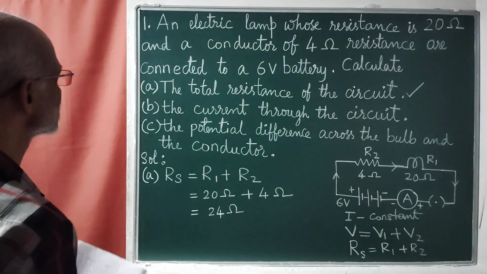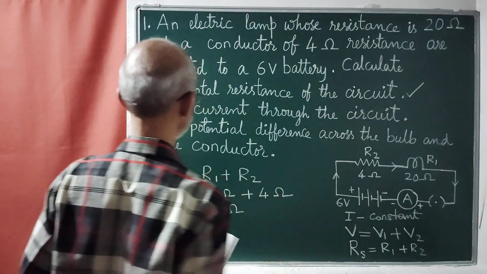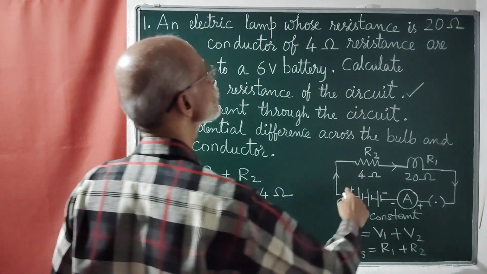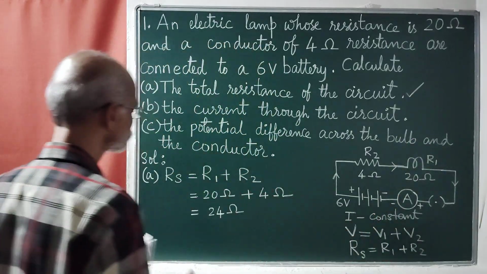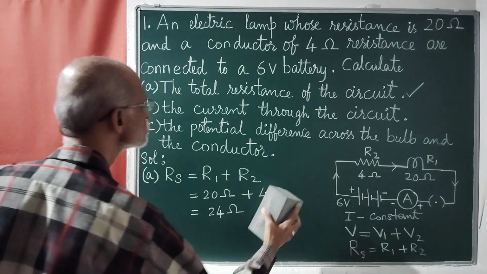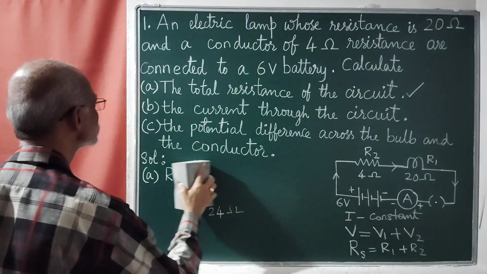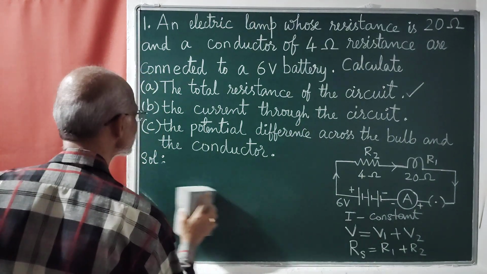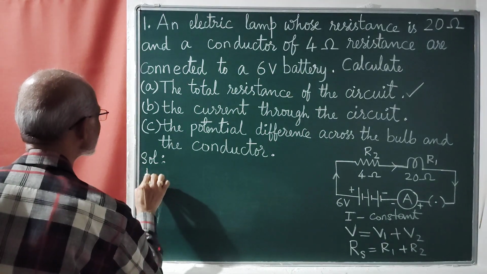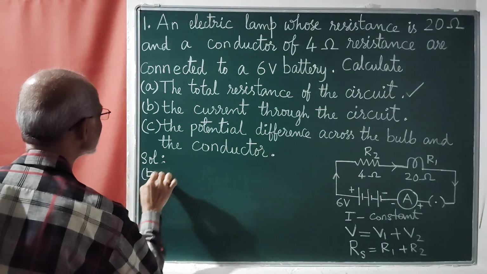Next, we have to calculate the current through the circuit. So now we apply Ohm's law to the whole circuit. Part B of the question.